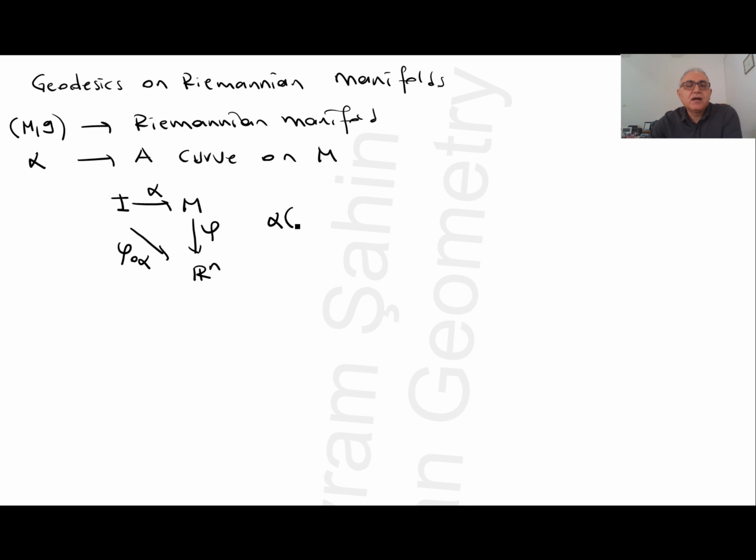When we say alpha of t, we mean phi composed with alpha of t. So it means you have x1 of t, ..., xn of t, because we choose this as the dimension of M.